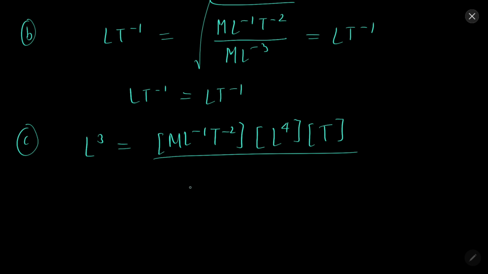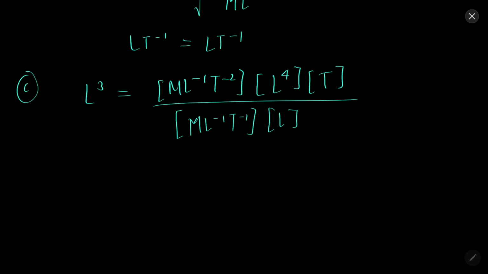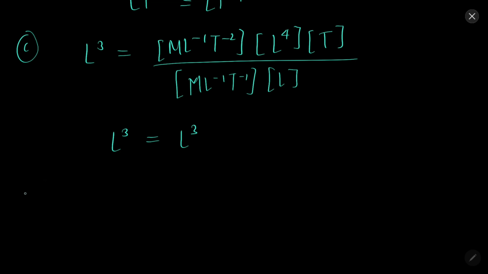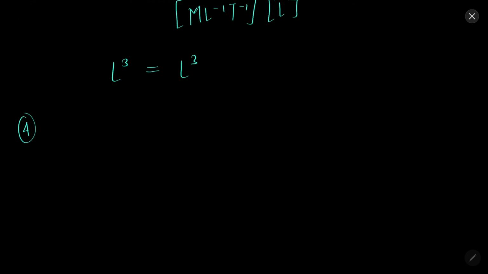Eta is the coefficient of viscosity, having dimension m L minus 1 t minus 1. The dimension of length is obviously L. Once you simplify this, both sides will come out to be L cube. So the third one is also correct.